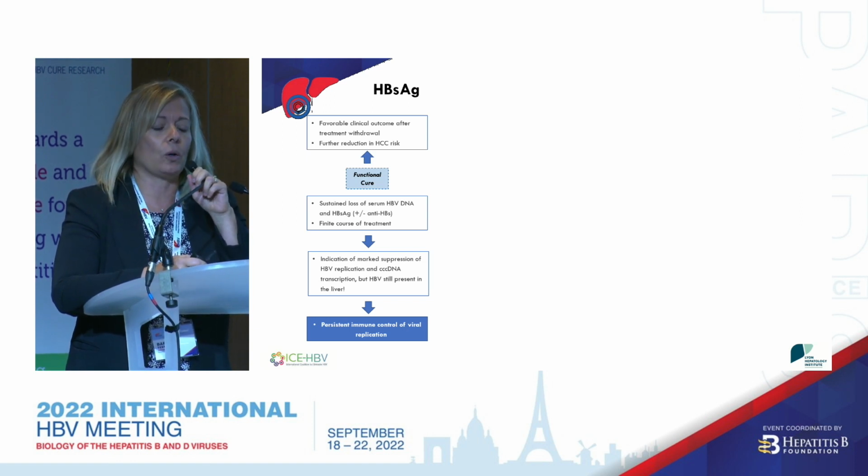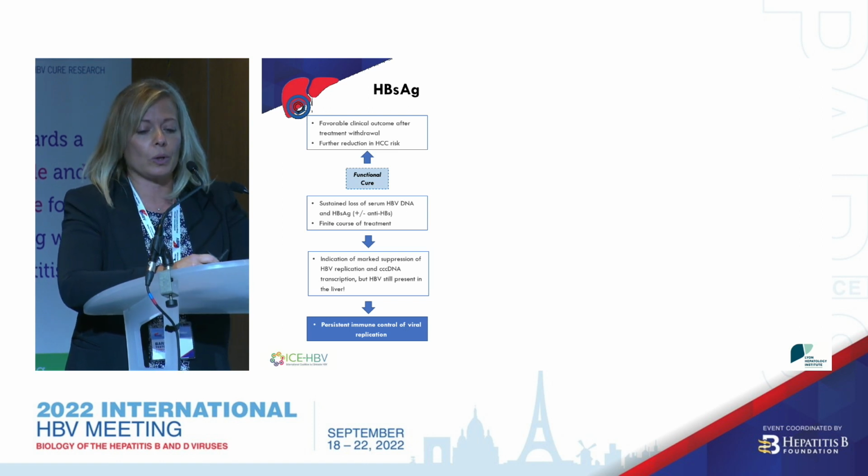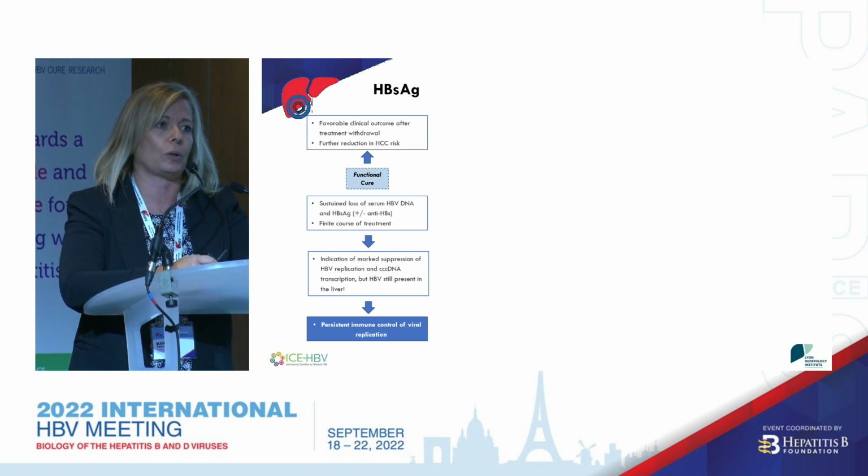So HBs antigen, let's begin from the simple, not so much, you will see. Loss of HBs antigen is really the hallmark of functional cure, together with the sustained loss of viral load. And this functional cure is associated with residual virus in the liver, meaning that a persistent immune control is needed to reach this functional cure.